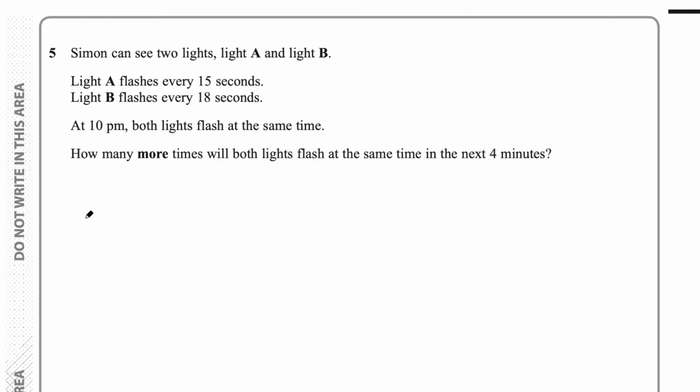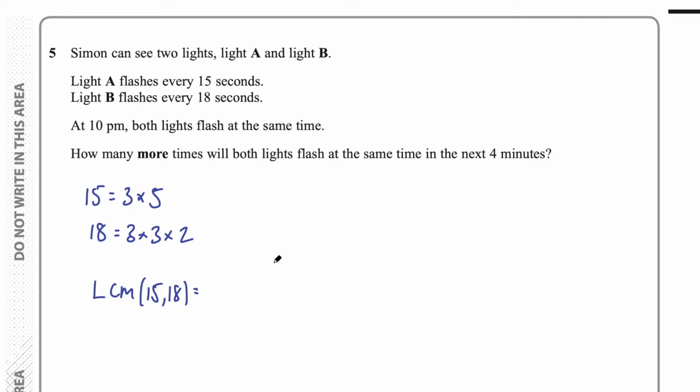So one way to find the lowest common multiple is to find the prime factors of each number and then use those prime factors. So let me show you what I mean by that. So 15, prime factors of 15 are 3 and 5. Prime factors of 18, that's like 9 times 2, so that's going to be 3 times 3 times 2. And so the lowest common multiple of 15 and 18 is, well, we take these prime factors.